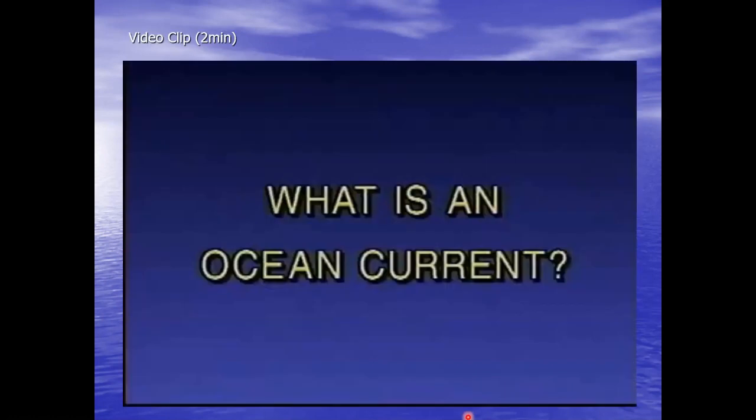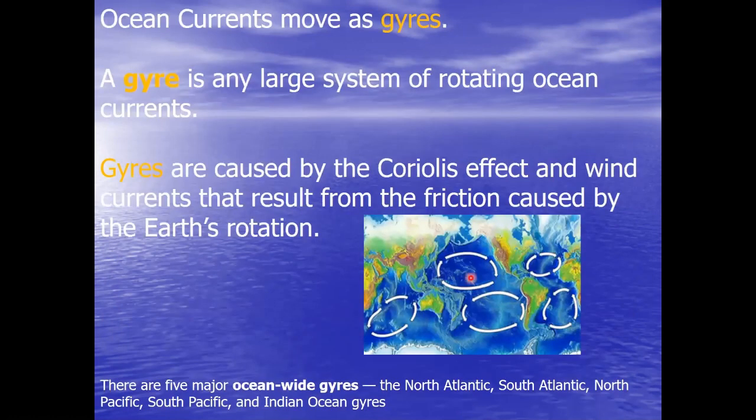So if we look back at this map, here we are in the Northern Hemisphere and look at the arrows. If you look closely, it goes in a clockwise direction. But in the Southern Hemisphere, it's going the opposite direction, counterclockwise. So the Northern Pacific goes clockwise, and the Southern Pacific goes counterclockwise.